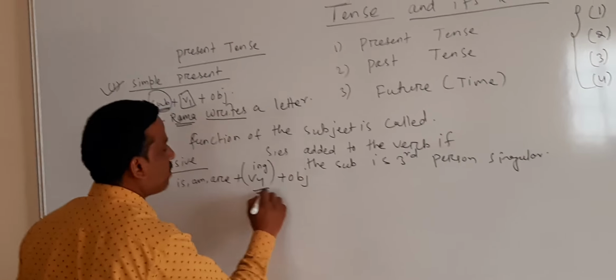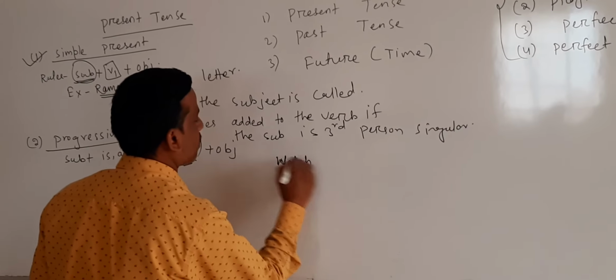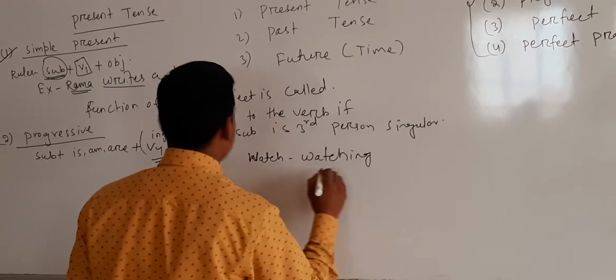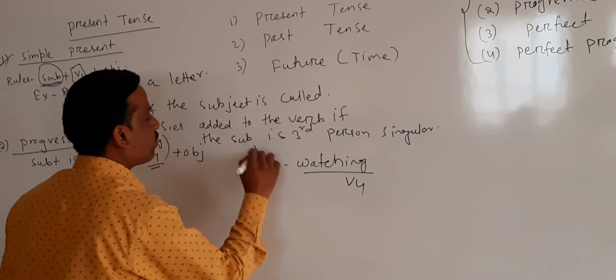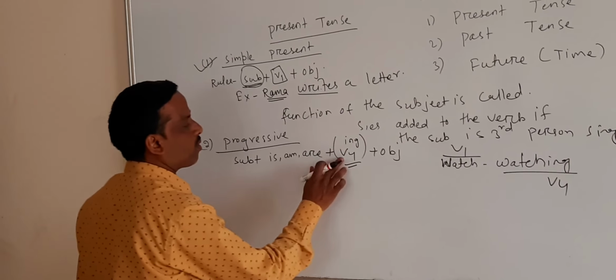What is the ing form? If the first verb is watch, its ing form is watching. In short, the root verb is called verb 1. So according to the rule: subject, is/am/are, verb 4 and object.